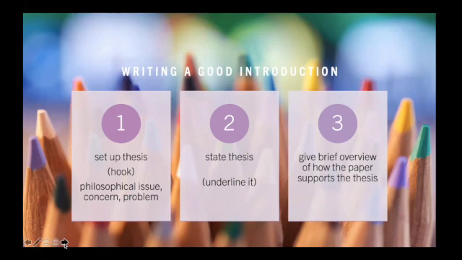After you state your thesis, your paper's introduction should give a brief overview of how the paper supports the thesis. What are the main steps your paper takes? You don't want to give every single point you're going to put in your paper, just the sort of main supporting points that are going to develop that thesis. This gives your reader an overview so that as they're reading, they can keep track of ideas.